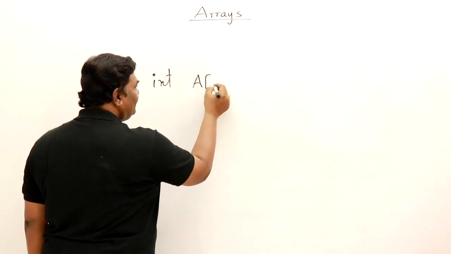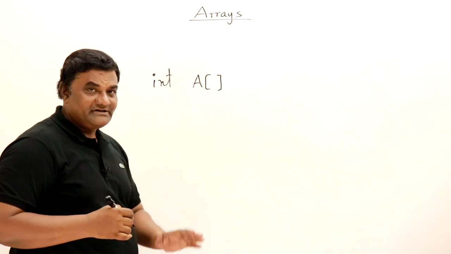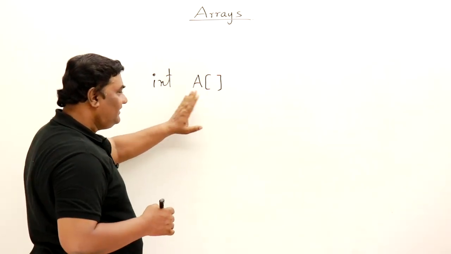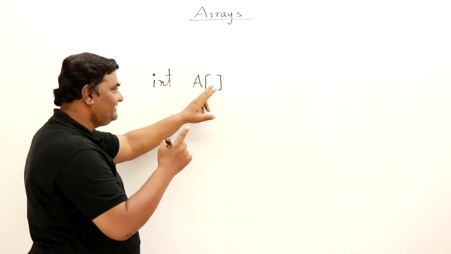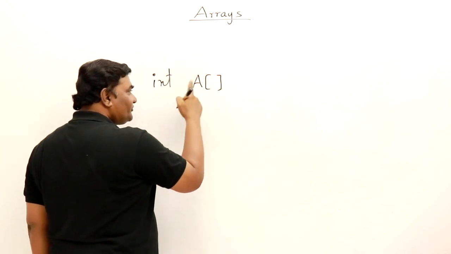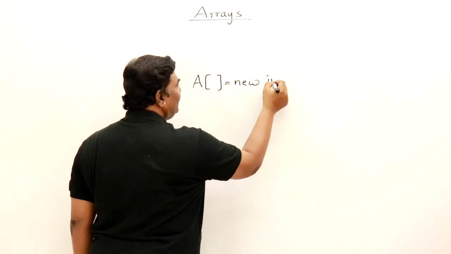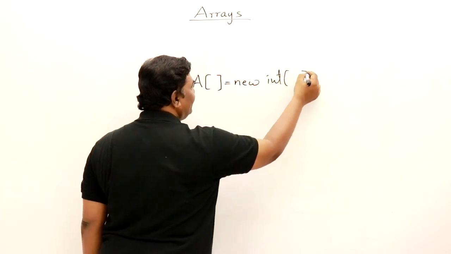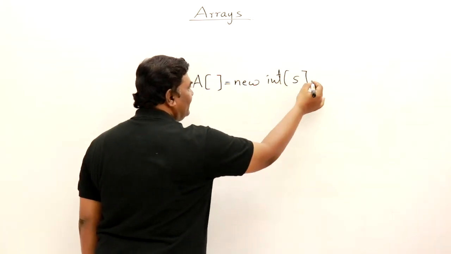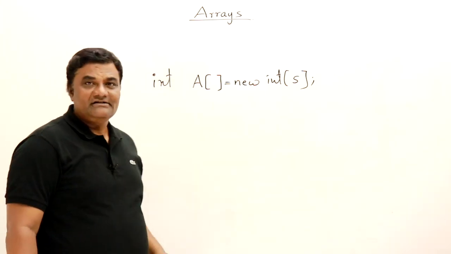A. And then we have to give empty brackets. See, it is a little different from C and C++. So here we don't mention the size. In C, C++ we can write down the size here. No, this should be empty. Then after this we must write new int of whatever the size you want. Suppose I want an array of size 5. So now this is how an array is created.